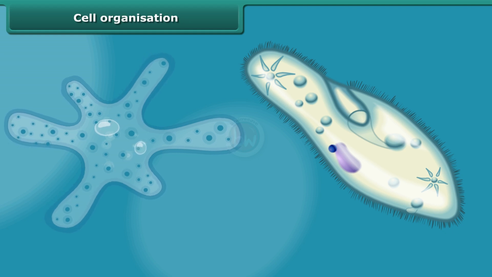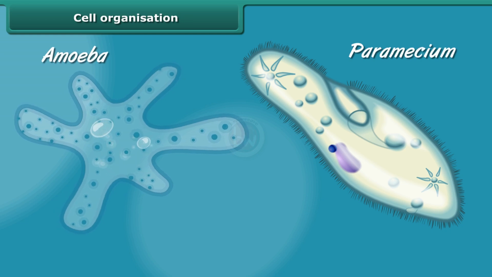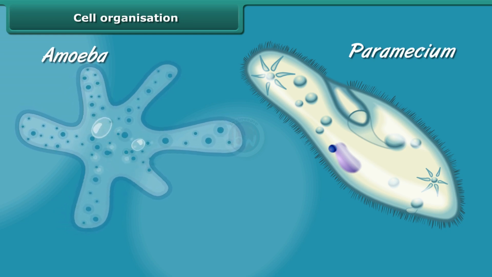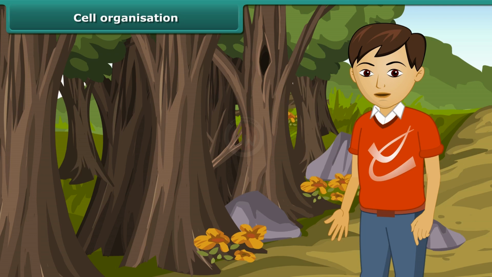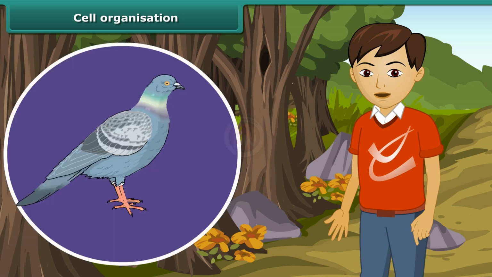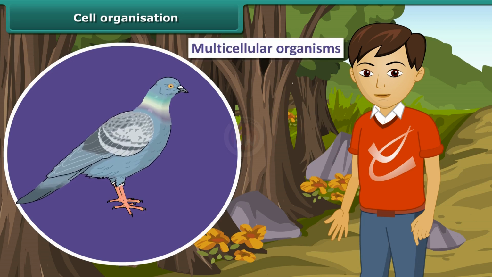Small-size organisms, like amoeba and paramecium, are made up of one cell. They are called unicellular organisms. Human beings, pigeons, and mango tree are made up of many cells, so they are called multicellular organisms.